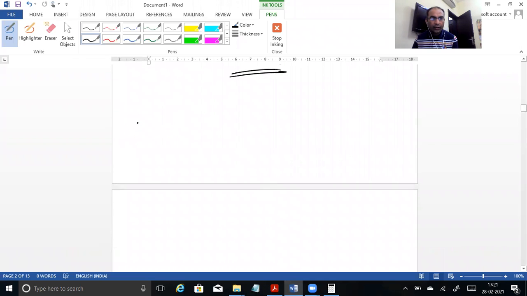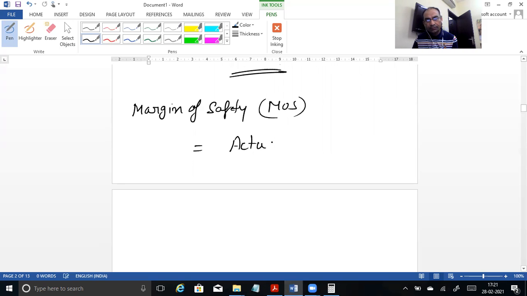So now if we go further, we have our margin of safety, called MOS. The formula is very simple: actual sales minus BEP sales.